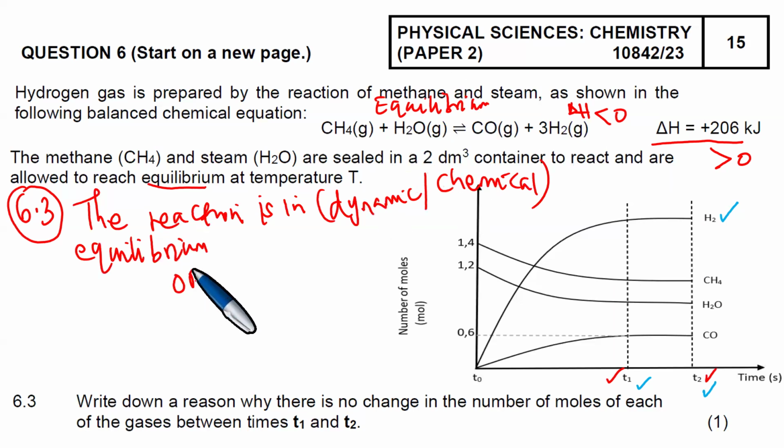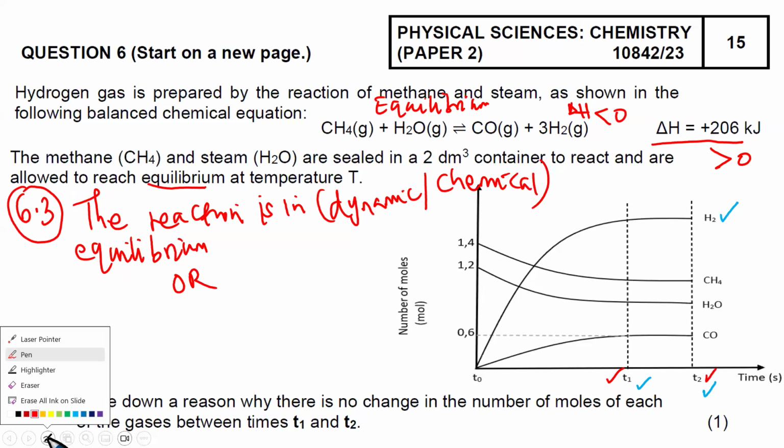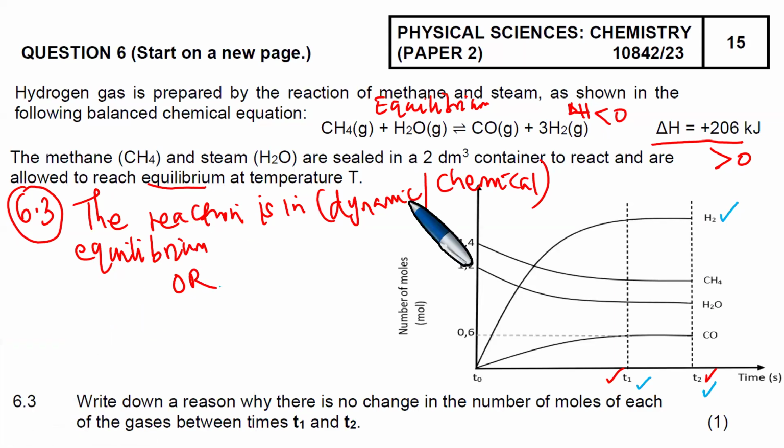Another learner is going to come and say, I don't like saying the reaction is in dynamic equilibrium or chemical equilibrium. I don't like using these words, but the learner can say, I'm a learner who likes saying the rates.